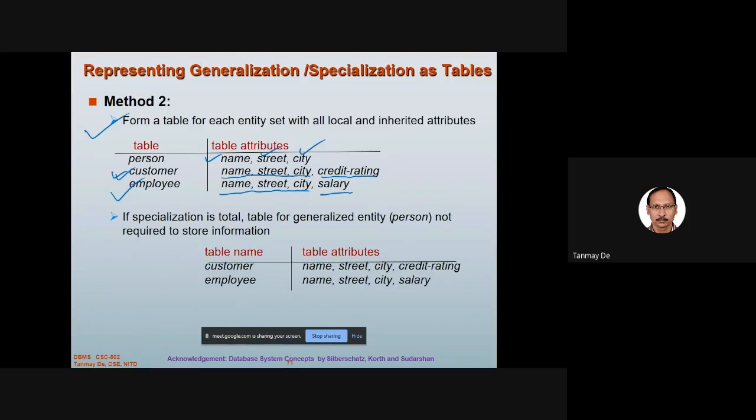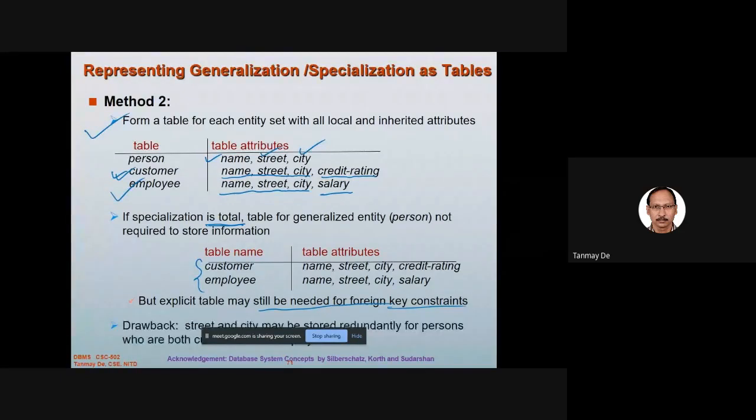In that case, if it is total, only these two tables are required. But an explicit table may still be needed for the foreign key constraint, and that is the main drawback here. The drawback is redundancy.